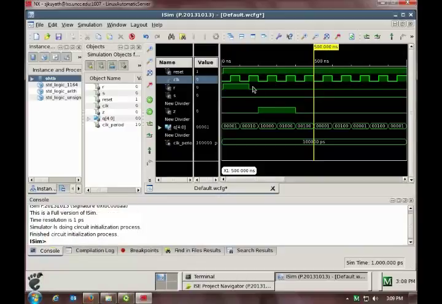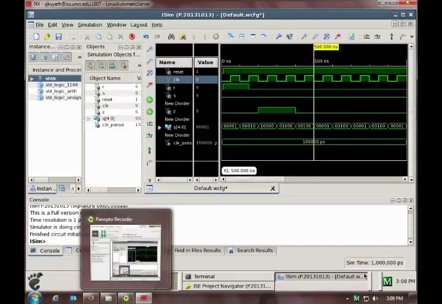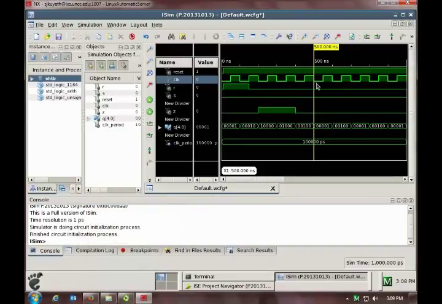This is where R changed, and that was at 150 nanoseconds. So here is 350 nanoseconds later. Oops, sorry. 350 nanoseconds later. So I want it to be maybe 400 nanoseconds. I'm sorry, I don't know. It's between 300 and 400.